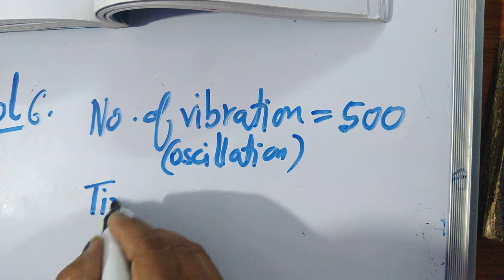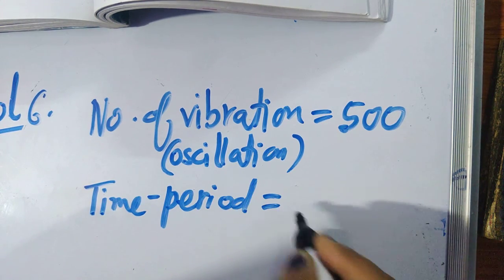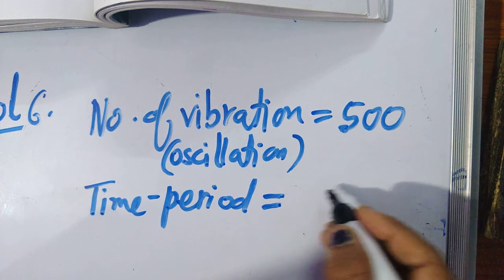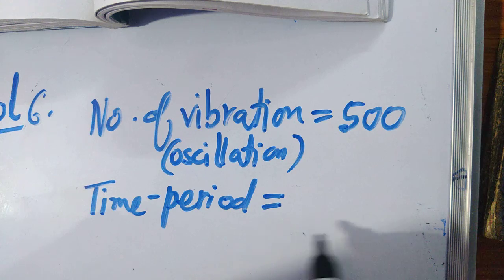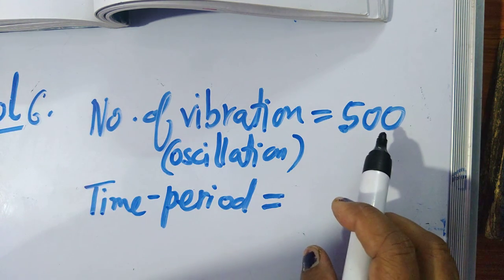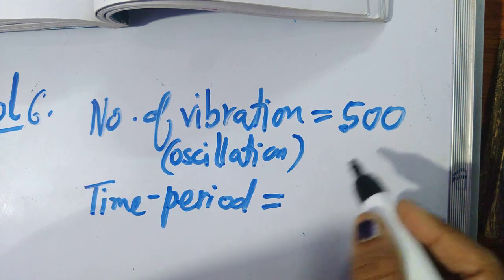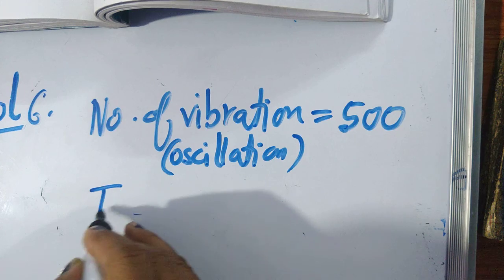Do you remember the formula for time period? The formula for time period is time taken upon number of oscillations. So it is saying it oscillates 500 times in 1 second. So the time was given. First of all we should write time taken.